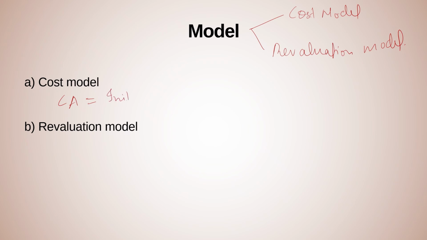Next is model. IAS 16 allows you to choose either the cost model or the revaluation model. Okay, if you choose the cost model, then the formula is carrying amount is equal to initial amount minus depreciation.